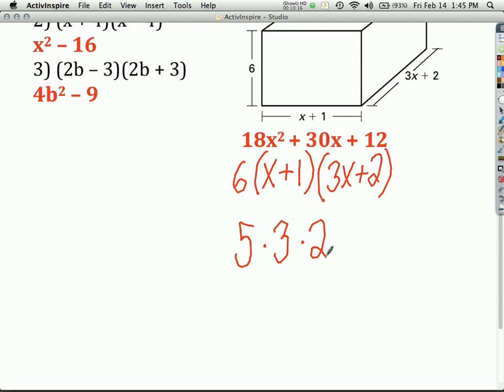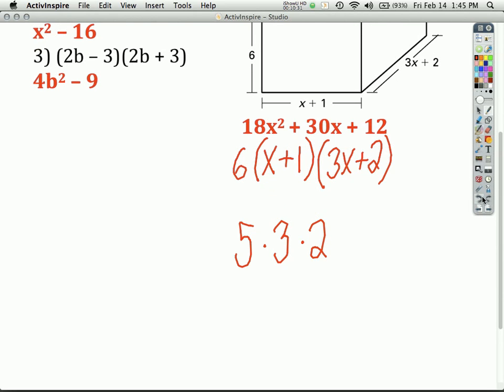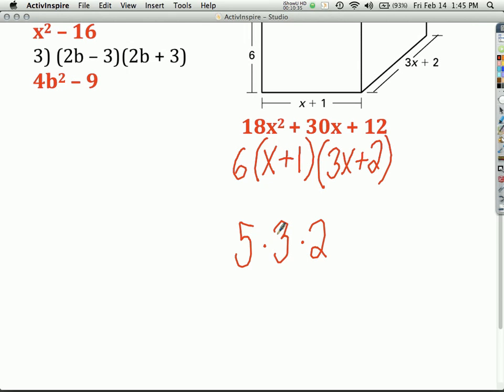Very good. So we do not do this. You don't do 5 times 3 is 15, 5 times 2 is 10, and then add them together. That's not what you do. You multiply the 5 times the 3, and then the result times 2.